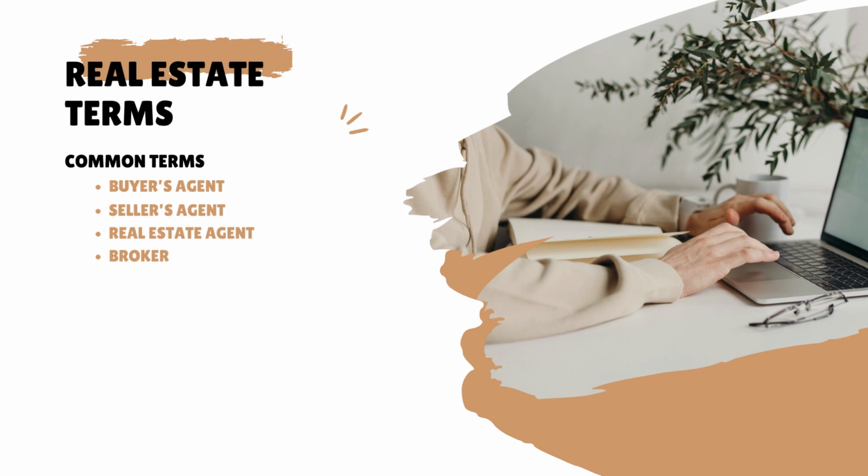Next is the broker. A broker is a real estate company that handles real estate agents, like for example KW or Keller Williams brokerage. They have a lot of Keller Williams real estate agents, or eXp Realty. This is also a real estate company that handles real estate agents.